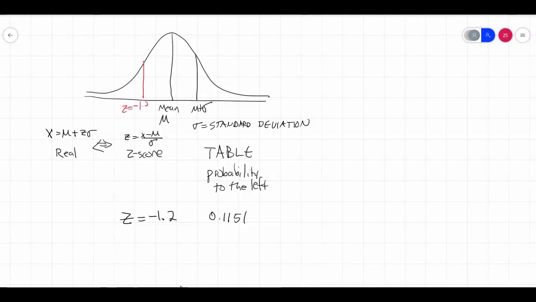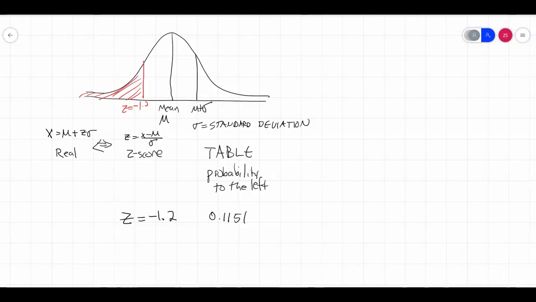And the 0.1151 is the probability that a value will be to the left of there. Or we could say 11.51% of the values are to the left of there. Or we could say 11.51% of the area of this curve is in that red region. So going from z-score to table is just a matter of looking it up in the table.